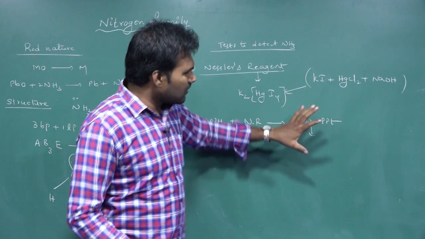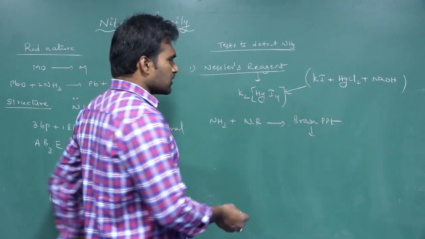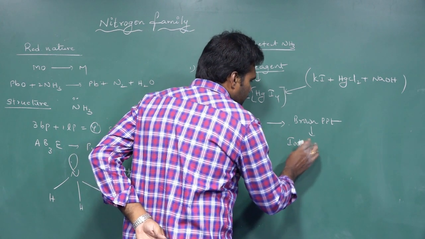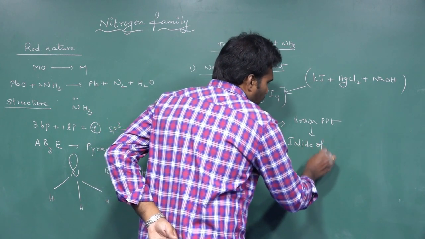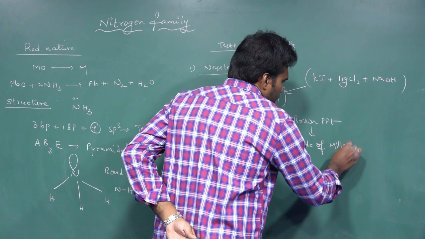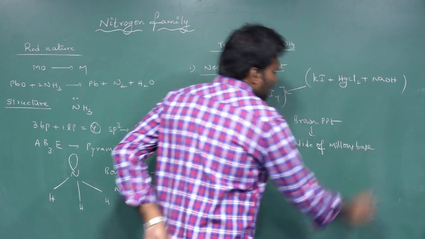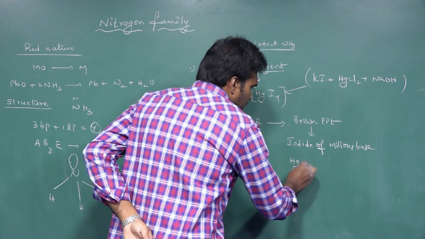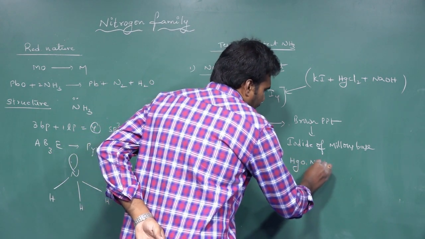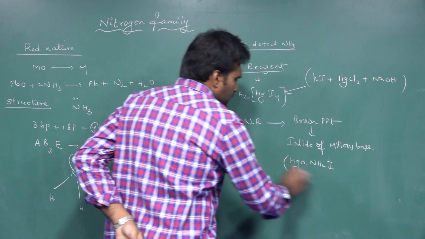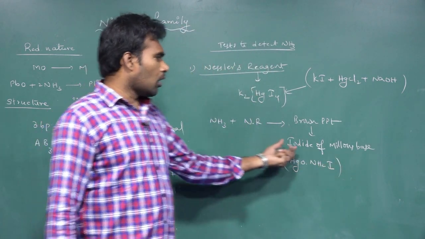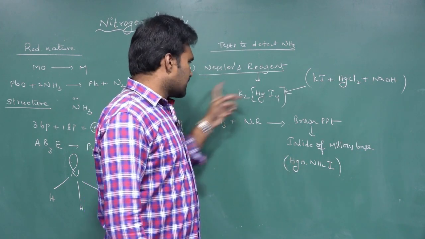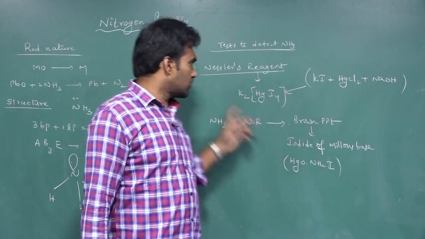The brown color is because of the formation of the complex, iodide of Millon's base, HgO.Hg(NH2)I. Because of the formation of this, it gives a brown colored precipitate. So this is the one test.